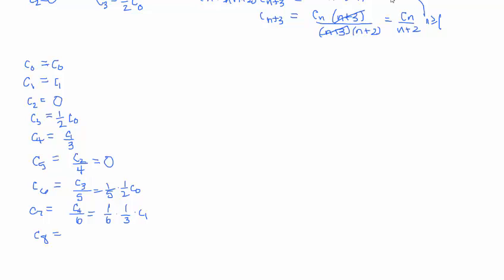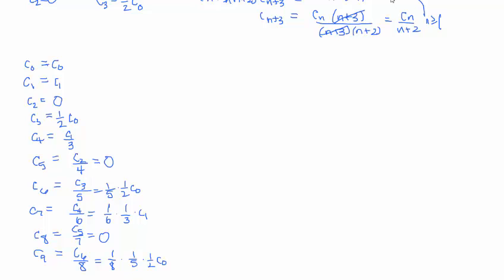C8, we'll plug in n equals 5, C5 over 7, C5 was 0 though. C9 would be C6 over 8. C6 we have up above, so we can rewrite this as 1/8 times 1/5 times 1/2 C0.